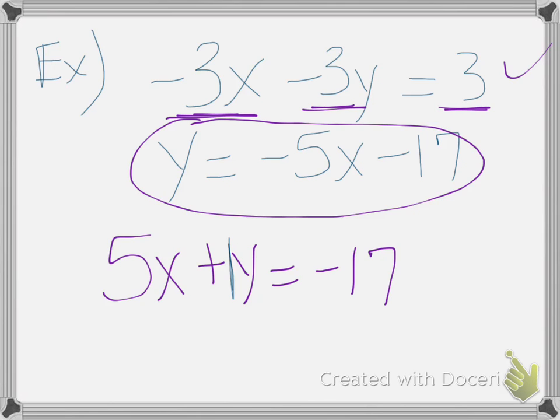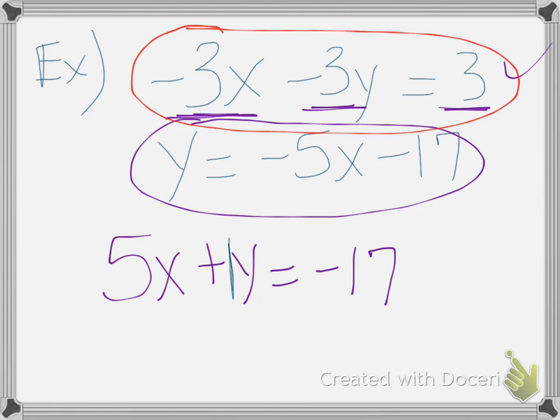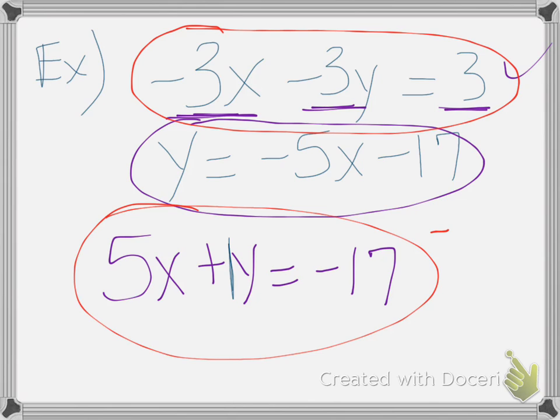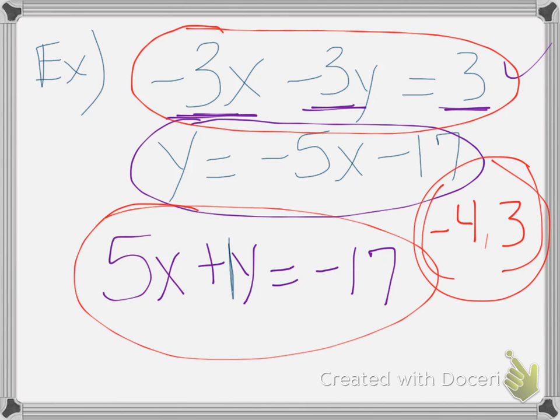So then now you're able to put this equation and this equation, the two red ones, into matrix, follow all the steps, and you should get negative 4 comma 3. I said the more practice, the better. I want to show you one more thing here real quick.